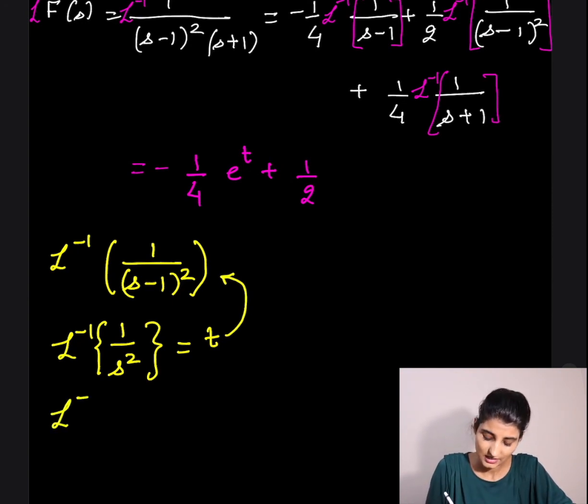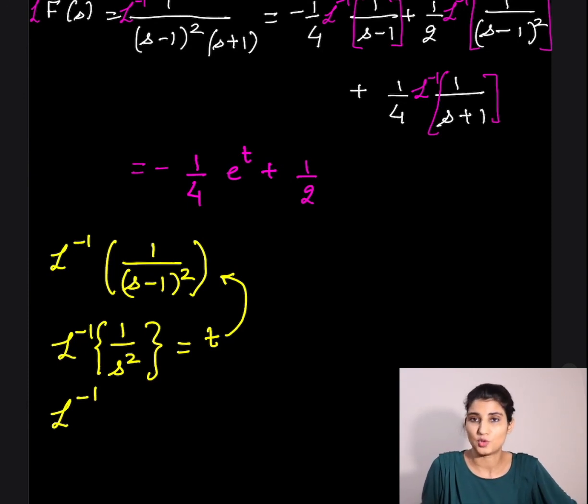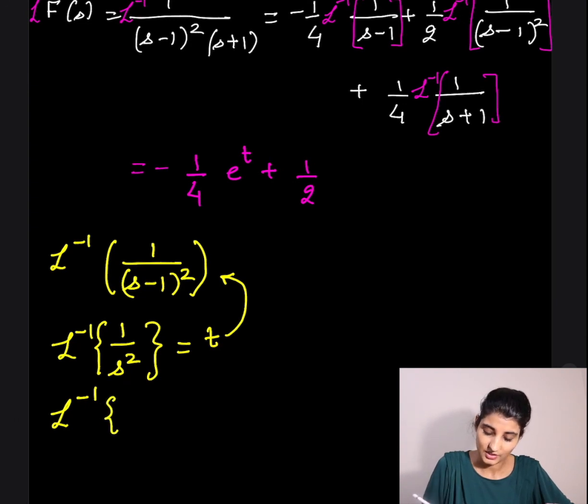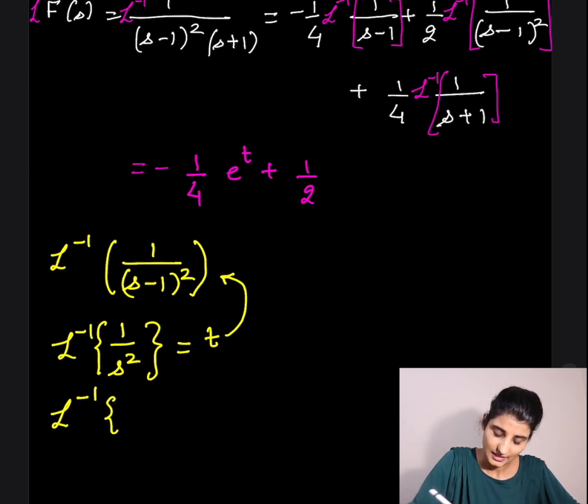So here we are using the shifting property. By the shifting property, you will get e power t times t.